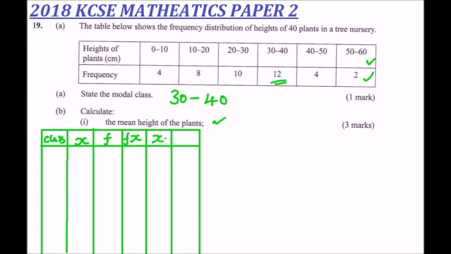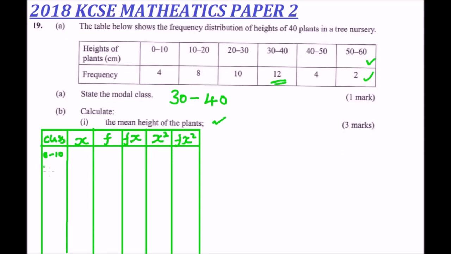Then we are going to square that, and we will have our x squared. This is because later on, in part of the question, as you see, we need to calculate the variance and the standard deviation.